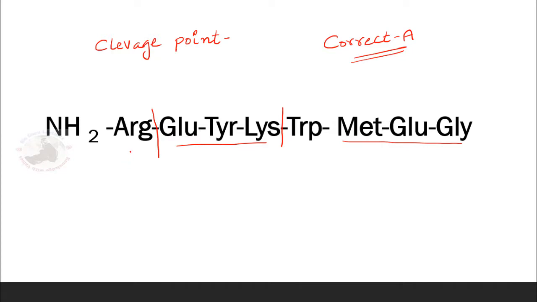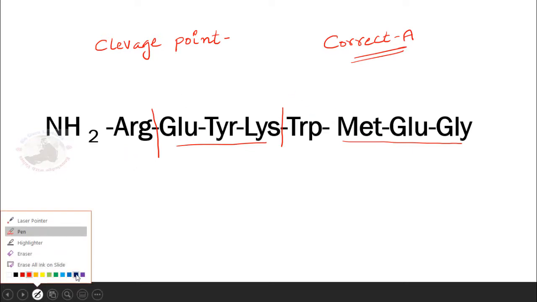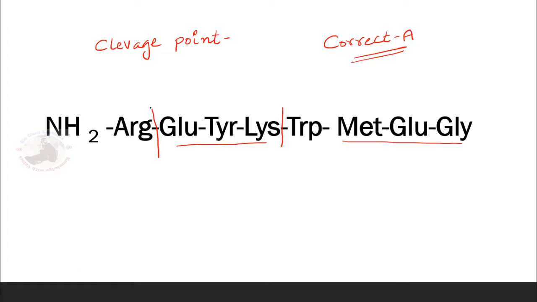The chymotrypsin can break down the sequence at the phenylalanine. Let me take the other color. This one will take the phenylalanine or tryptophan and tyrosine. So here tryptophan or tyrosine.